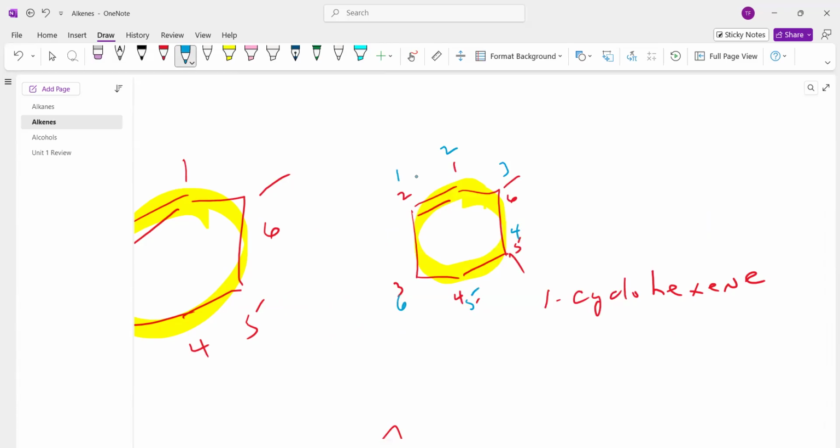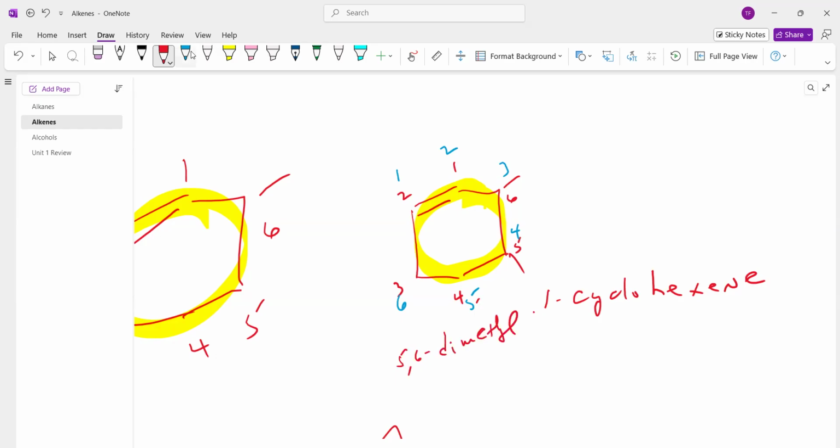Okay, so let's name the red numbering system here. That means we're going to have 2 methyl branches. So it's going to be 5 and 6 dimethyl-1-cyclohexene.